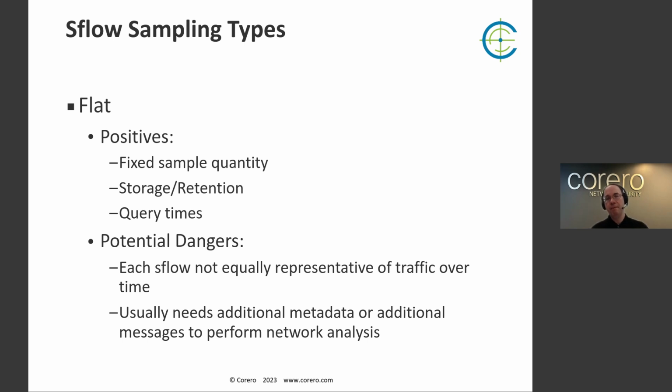Now, the danger, and this is what I'm going to try to get across in a half hour here, is that each sFlow isn't really equal. Take the samples I talked about before. If I take 4 people from a small city, and 4 people from a large city, each one of those people is actually representing a different amount of people from their home city.